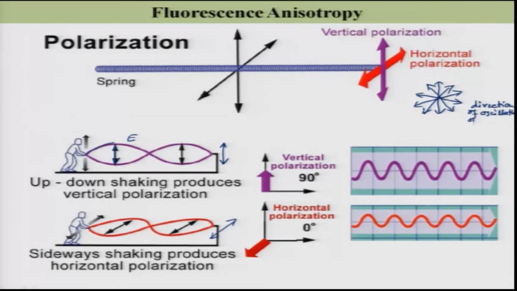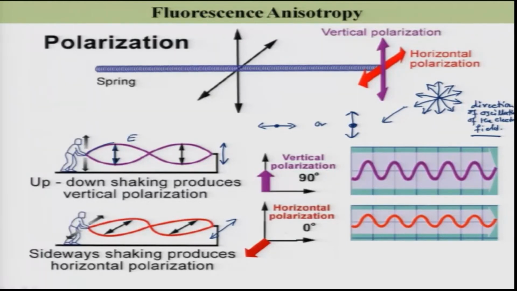So, this is the direction of oscillation of the electric field. But if the electric field is oscillating only in this direction, or only in this direction, and the direction of propagation of your light is out of this plane, then you will get a different type of light, called polarized light.